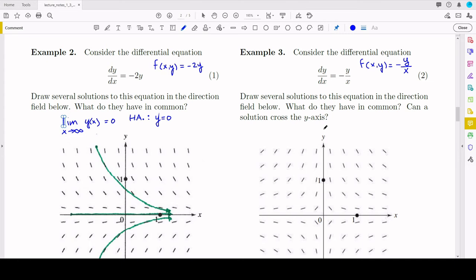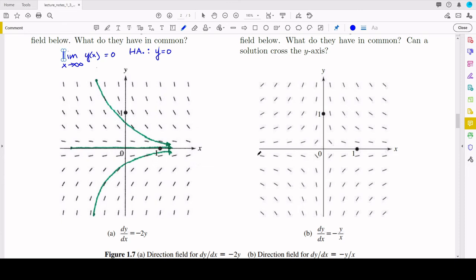And now what appears to happen is that we're approaching the y-axis. So if we start here, we have that kind of solution. Now here in the first quadrant, if we start over here, we decrease very rapidly in the beginning, but then it starts to level off and our solution is approaching the x-axis.